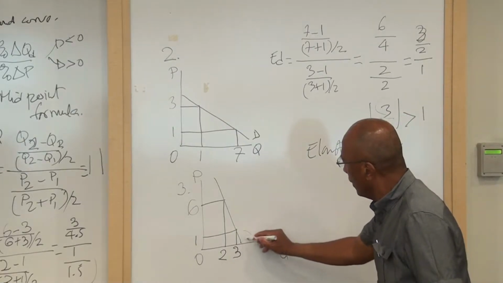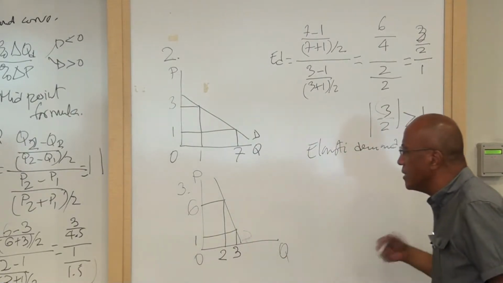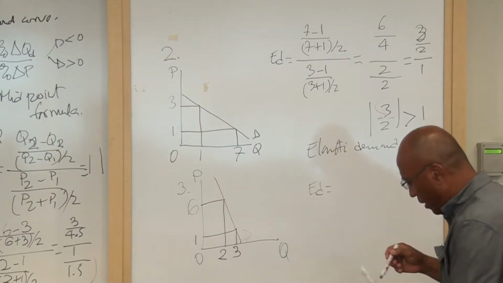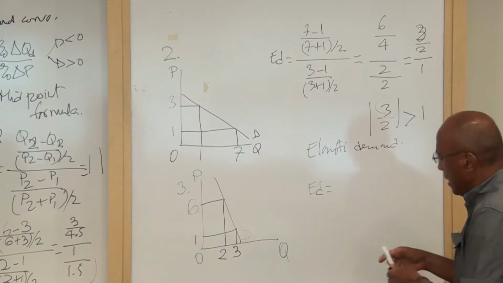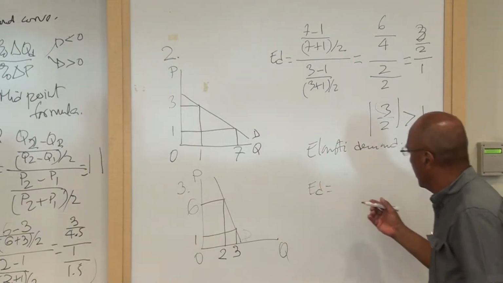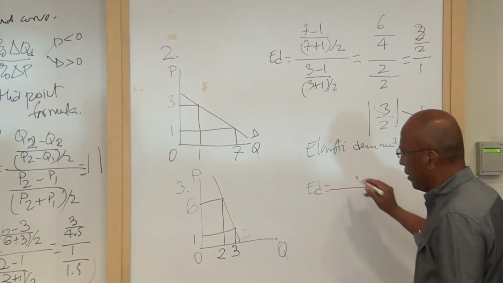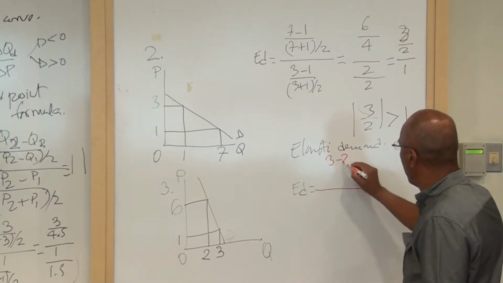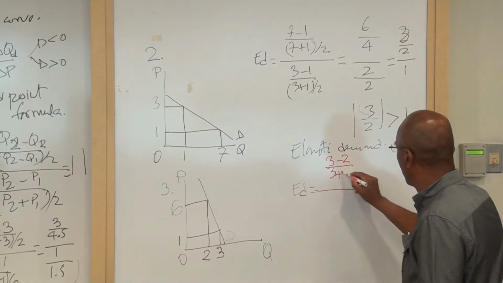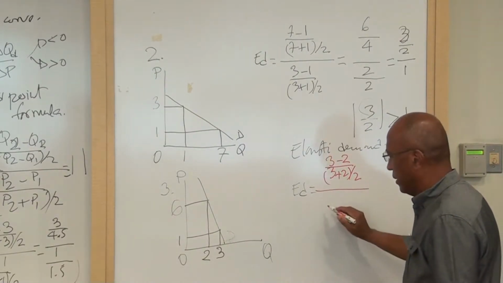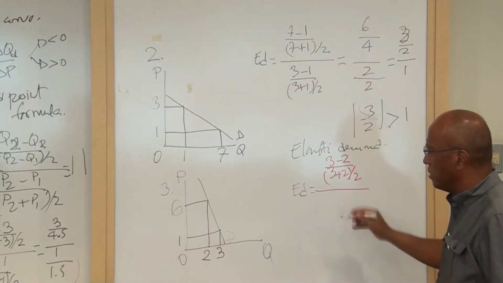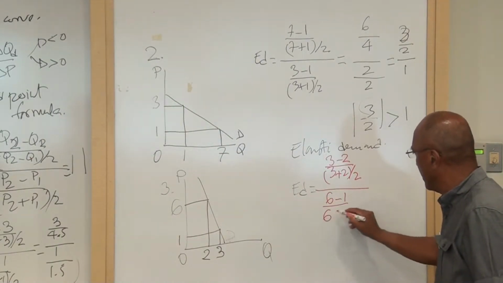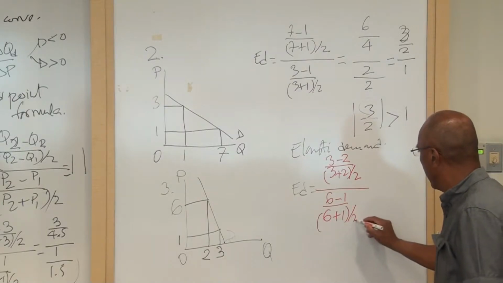So what we have in here is that elasticity of demand will be equal to, let's apply again our midpoint formula, the change in quantity, 3 minus 2 divided by 3 plus 2 divided by 2, divided by the change in price itself, 6 minus 1 divided by 6 plus 1 divided by 2.